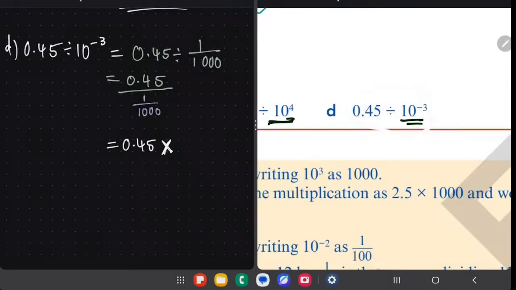Never try to divide by a fraction. It means nothing. But when you change it to multiplication, you must then flip the fraction. So here we flip it, it becomes 1,000 over 1. Just like here. We change it to multiplication. Instead of 1 over 1,000, it flips. It becomes 1,000 over 1, which is the same as 0.45 times 1,000.